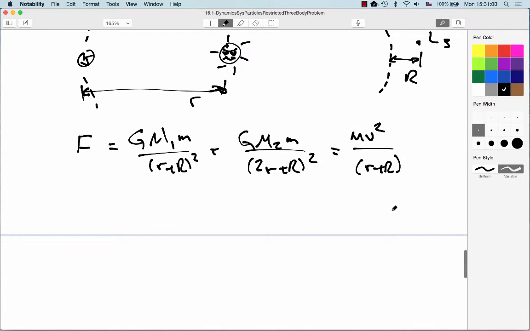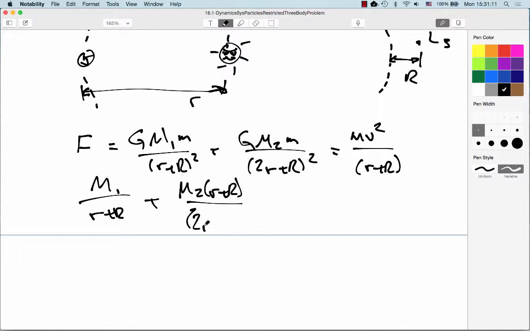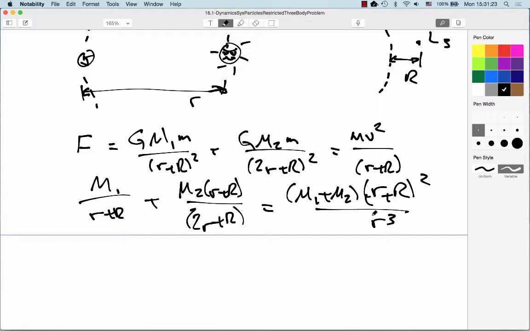And doing the same tricks we did before, this is going to turn into m1 over r plus R, plus m2 times r plus R over 2r plus R, equals m1 plus m2 times r plus R squared over r cubed.